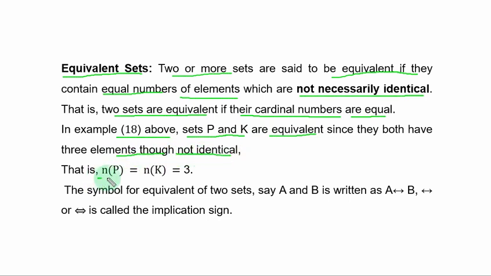The symbol for equivalence of two sets, say A and B, is written as this. So the double-headed arrow is used to denote the equivalence of two sets. This sign is also called the implication sign in logical concept.